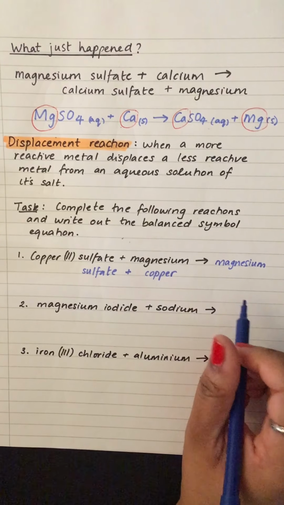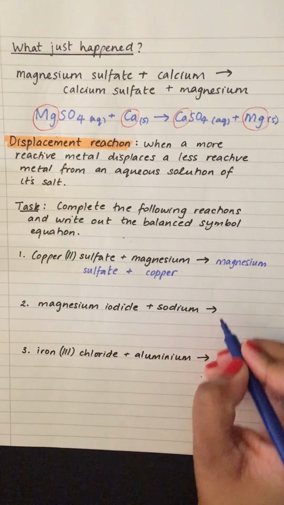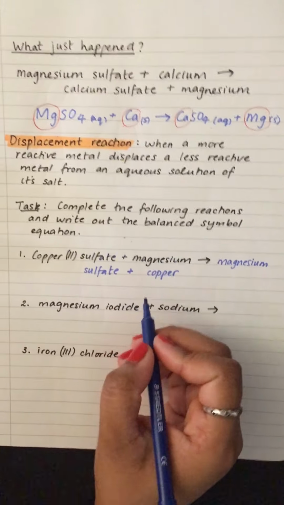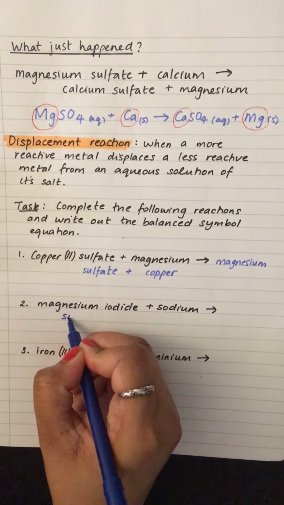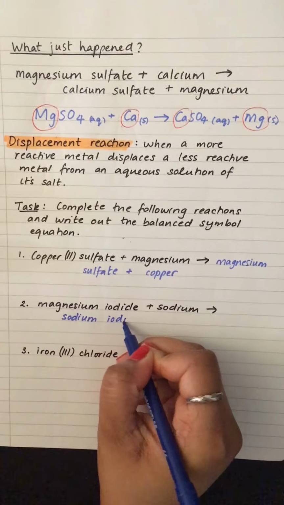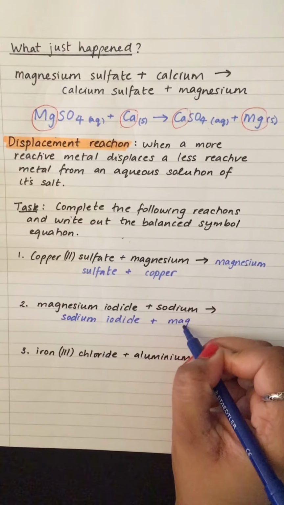Right, same thing here. So looking at my reactivity series, sodium is above magnesium, so sodium will displace magnesium and instead we will form sodium iodide and magnesium.